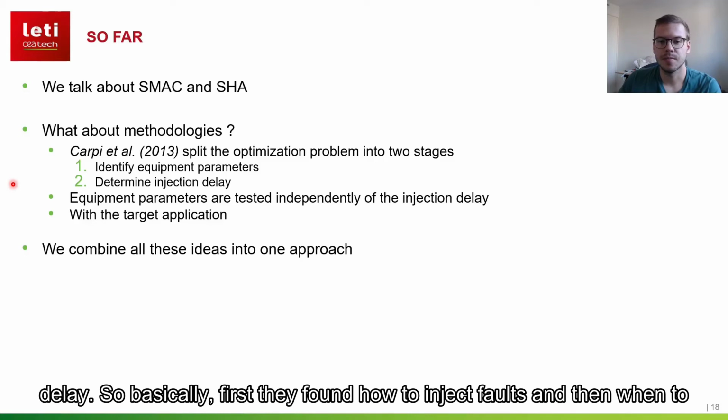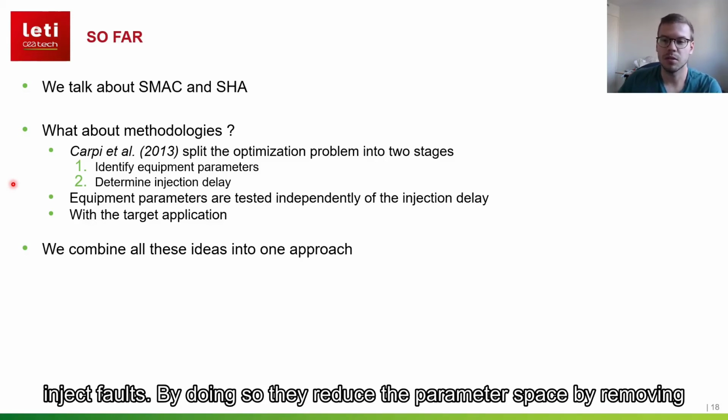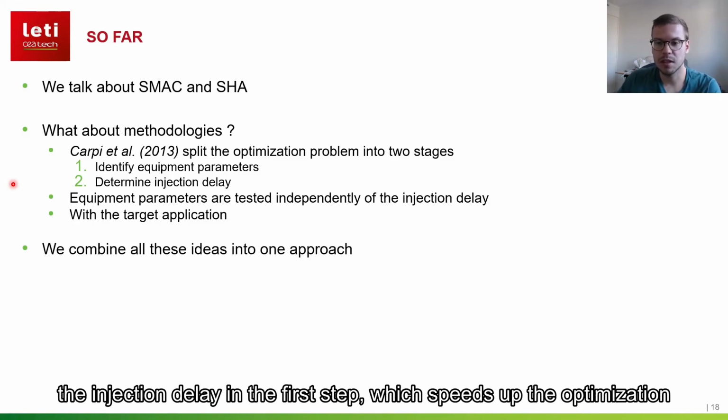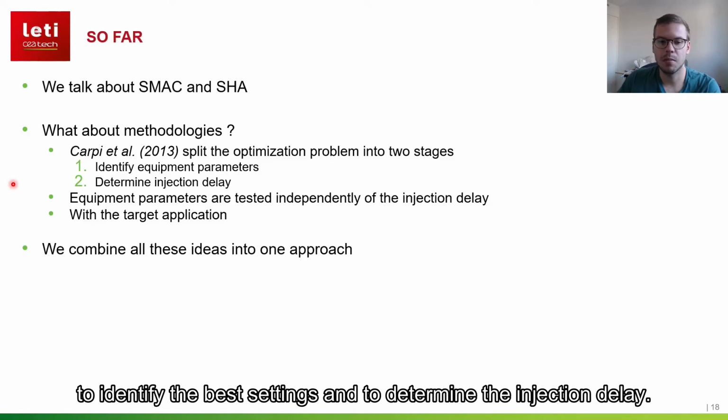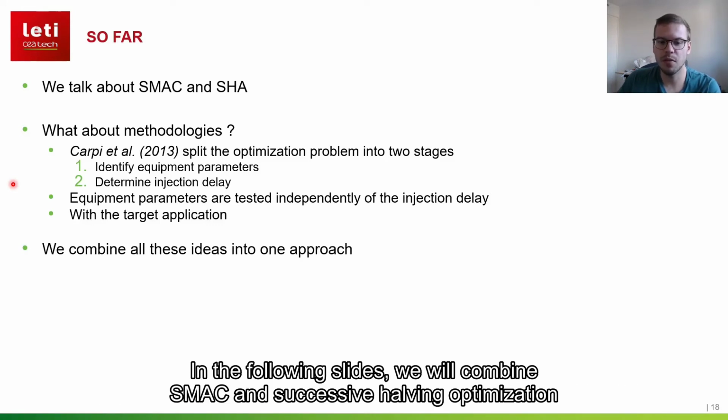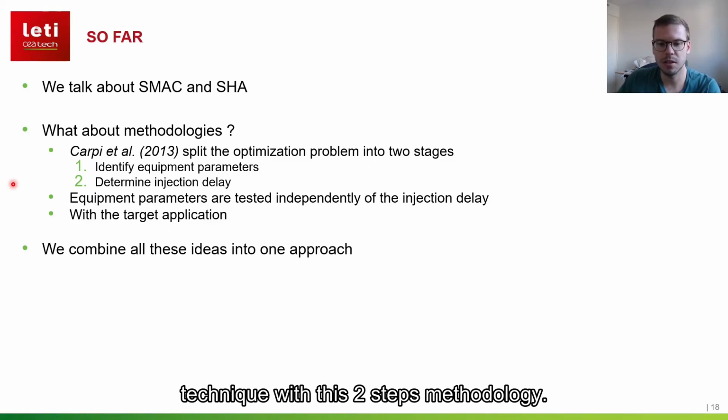So basically, first they found how to inject faults and then when to inject faults. By doing so, they reduce the parameter space by removing the injection delay in the first step, which speeds up the optimization process. One important detail is that they use a target application to identify the best settings and to determine the injection delay. In the following slides, we will combine SMAC and successive halving optimization technique with this two steps methodology.